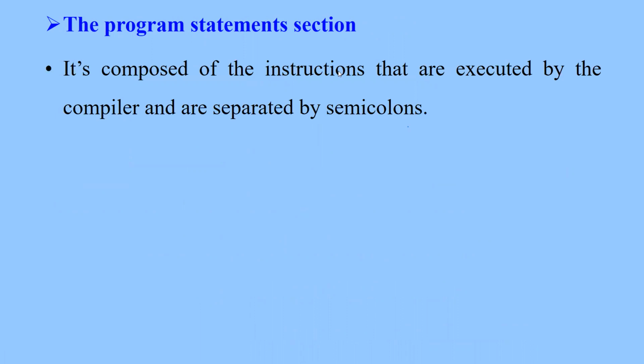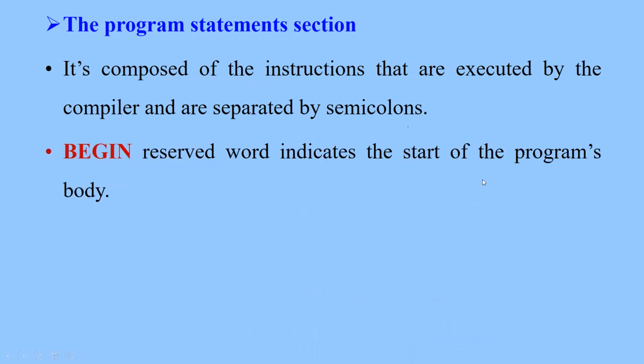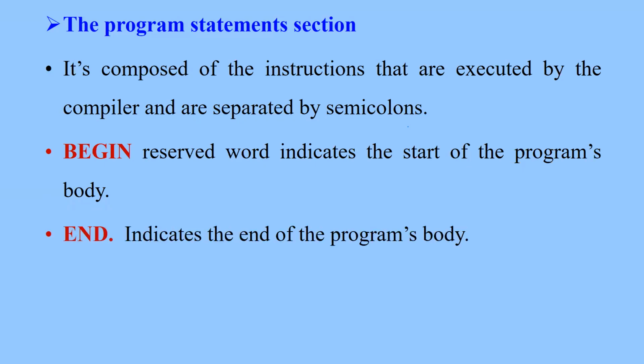The program statements section, what does it entail? The program statement section is composed of the instructions that are executed by the compiler and are separated by semicolons, and they are usually found in between begin and end. So begin is a reserved word which indicates the start of the program's body.